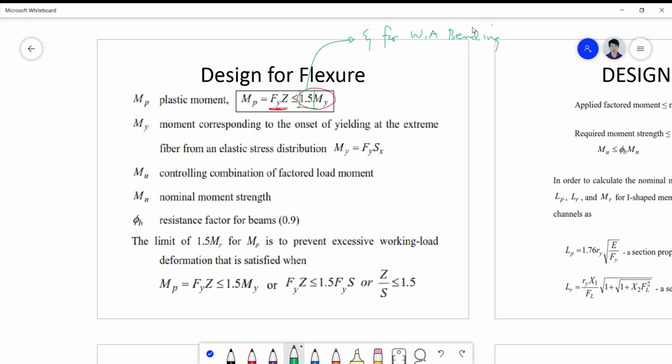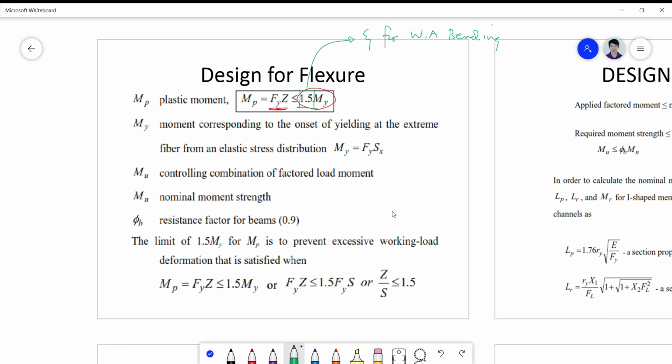In order for us not to overestimate the capacity, we only need to limit our Mp within the value of 1.5 My.